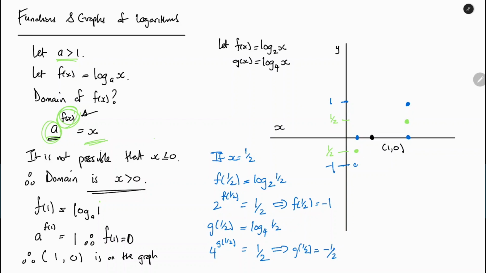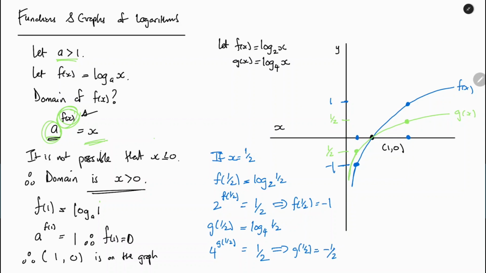Okay, so now we start to see a general shape. You're going to have f of x looking like this, and g of x looking like this. So this is g of x, and this one is f of x.